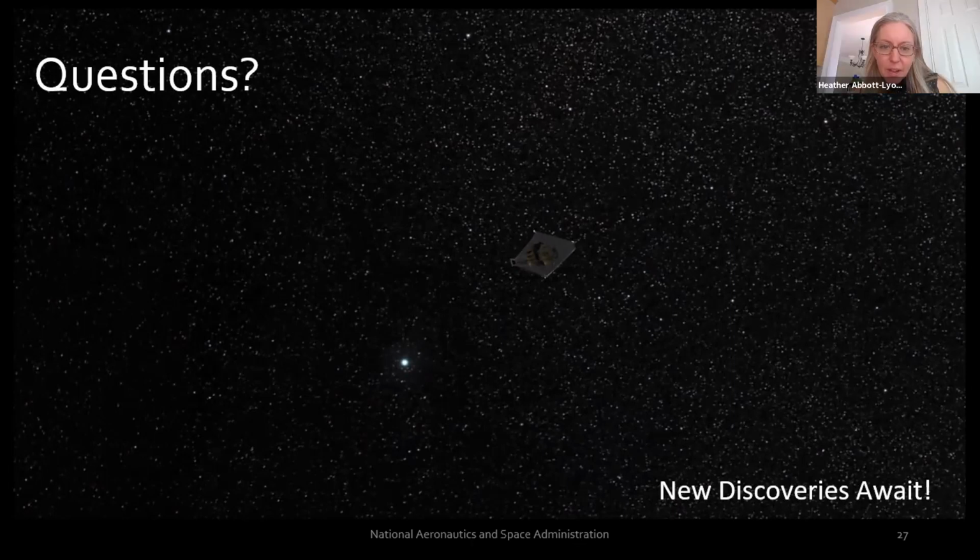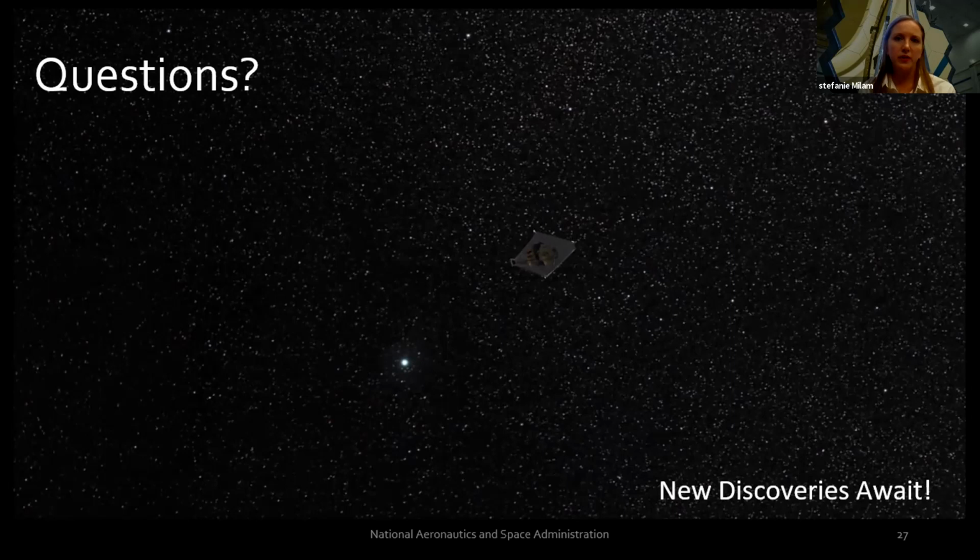Okay. Ryan Fortenberry asked, when will the initial cycle 1 data archive be released to the public? There's going to be multiple releases as we go. There are a number of programs that are already open to the public as soon as the data become available. There's no proprietary period assigned to some of these programs.